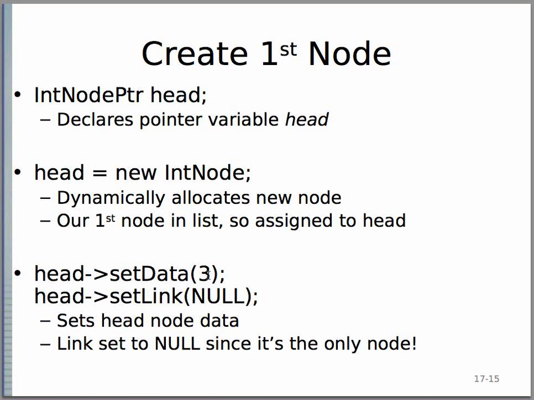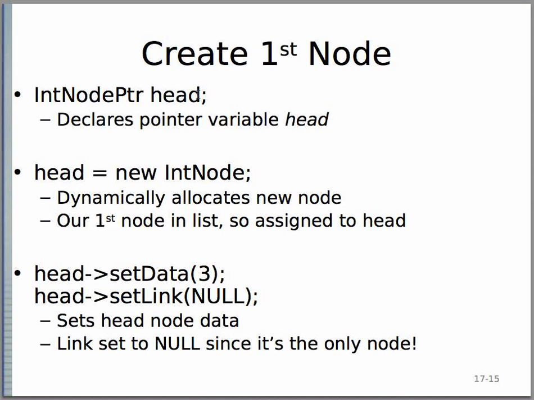Okay, so to create the first node, here's what you want to do, and I've seen people do this a lot. That is, declare a pointer and right away use new, just because we have a pointer. No, you don't need to do that. You can, but I would say whenever you have a pointer, always initialize it to null, even if the very next step is going to be setting it equal to some dynamically allocated new node.